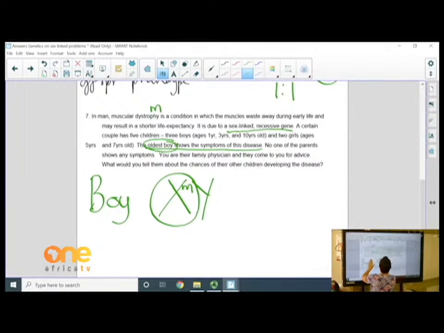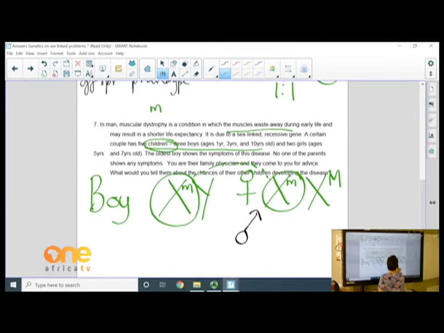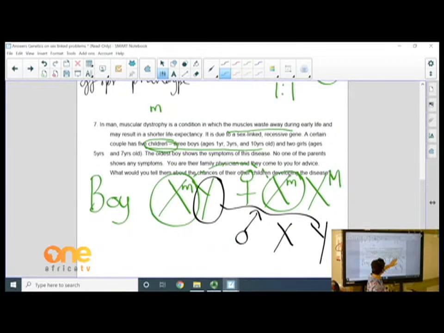Because remember, the mother, the mum, is this. You agree? The boy does have the symptoms, so he must have inherited this from his mum. What about the dad? The dad is X, Y. But if this boy has the disease, the only possibility was from his mother.